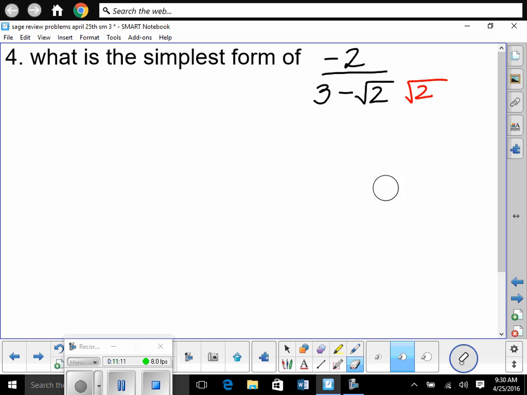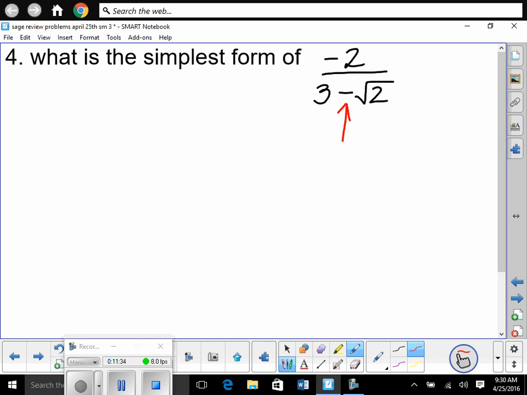Can anyone remember how we get rid of this? How do we get rid of a radical of something like this? Yeah, you use the conjugate of the bottom, right? You're right. You use the conjugate of the bottom. Don't conjugates middle terms cancel out? So the conjugate of this is a change of sign in between.